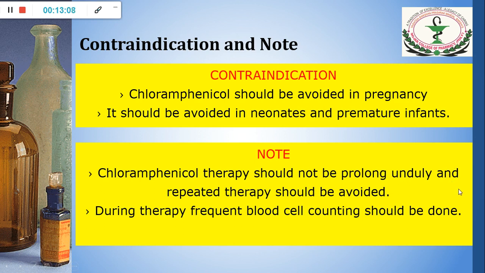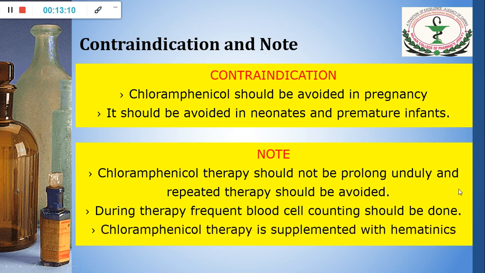Chloramphenicol therapy is always supplemented with hematinics. These hematinics are useful for the development of blood cells, especially erythrocytes. When there is a decrease in erythrocyte count or hemoglobin count, these hematinics are given.